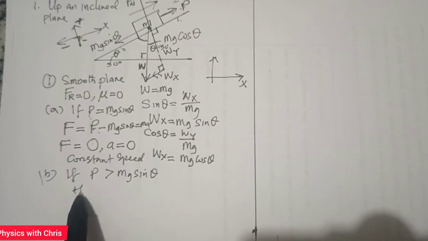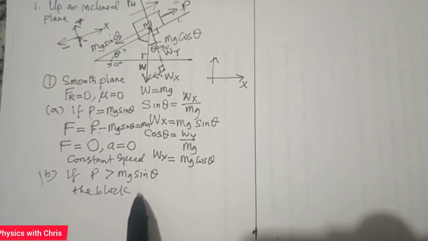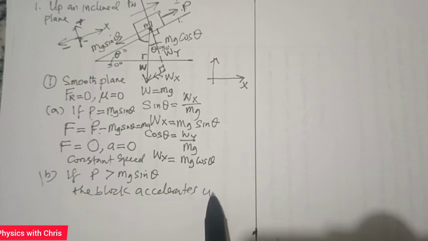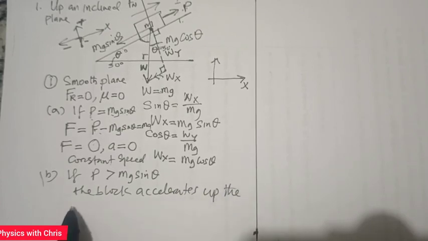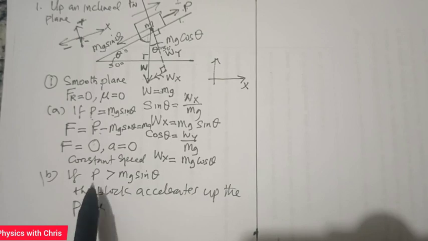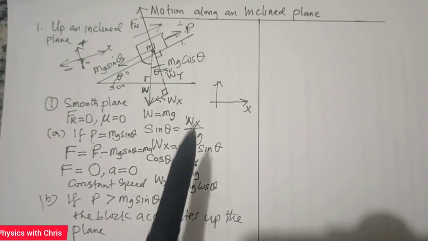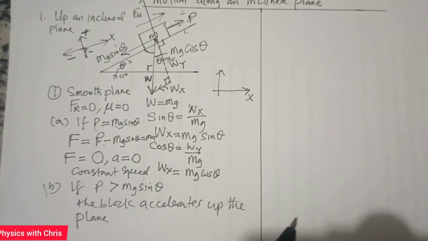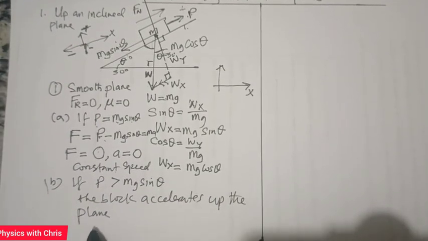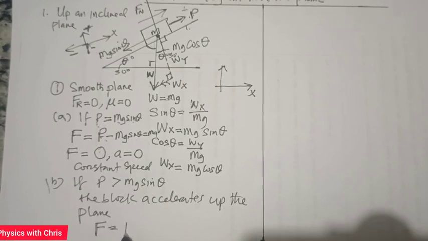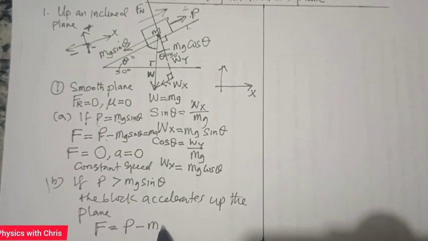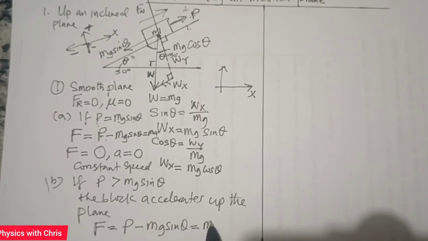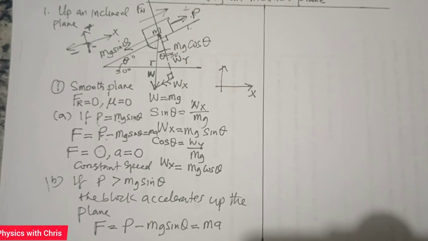In this case, the block of mass accelerates up the plane if force P is greater than mg sine theta. So in that case, the resultant force is the difference between the force P and mg sine theta, which equals, according to Newton's second law, mass times acceleration.